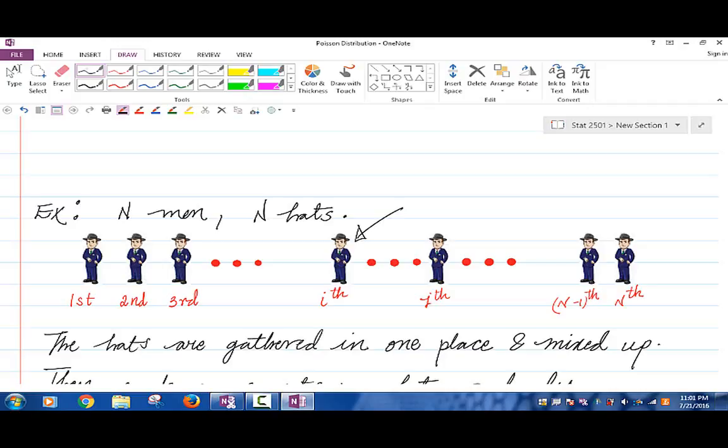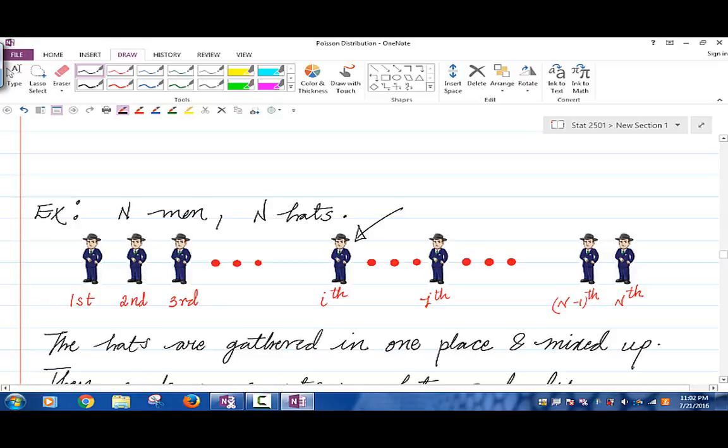So the question then is, how many permutations of the heads are there such that the ith head is on the head of the ith man? That means the ith head is fixed, and the remaining n minus 1 hats can be rearranged in any order.